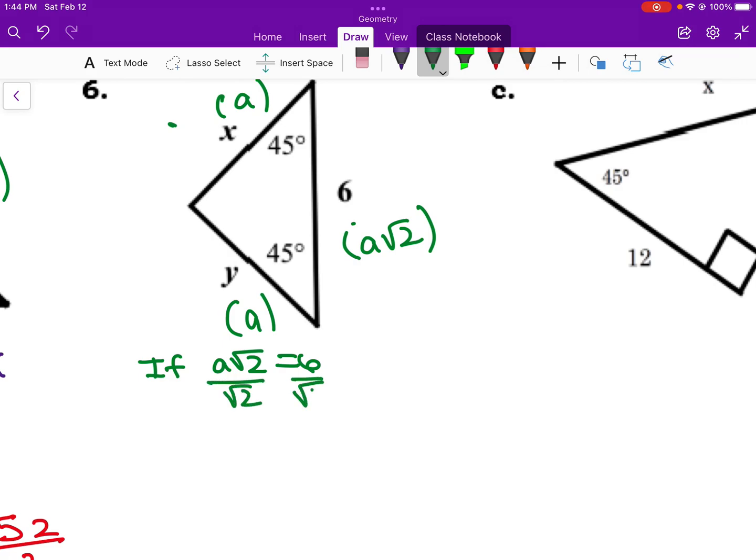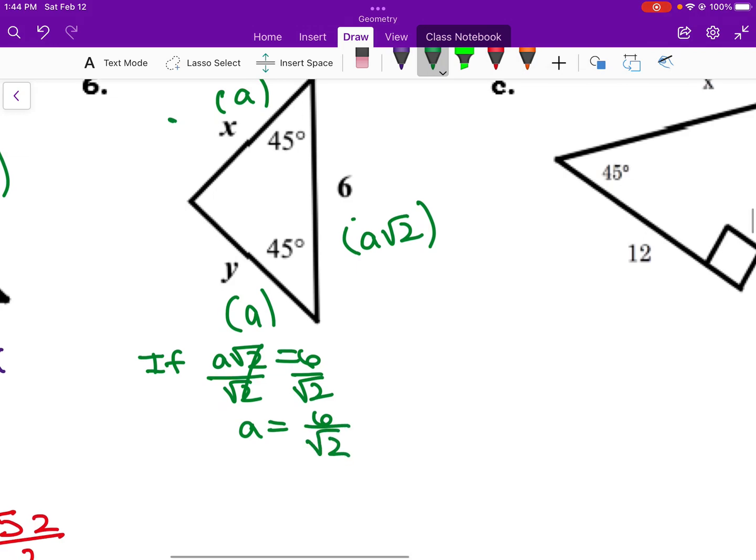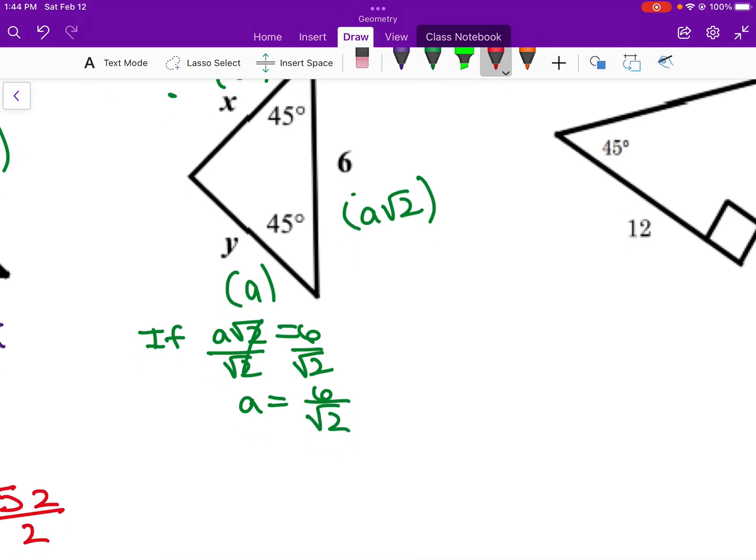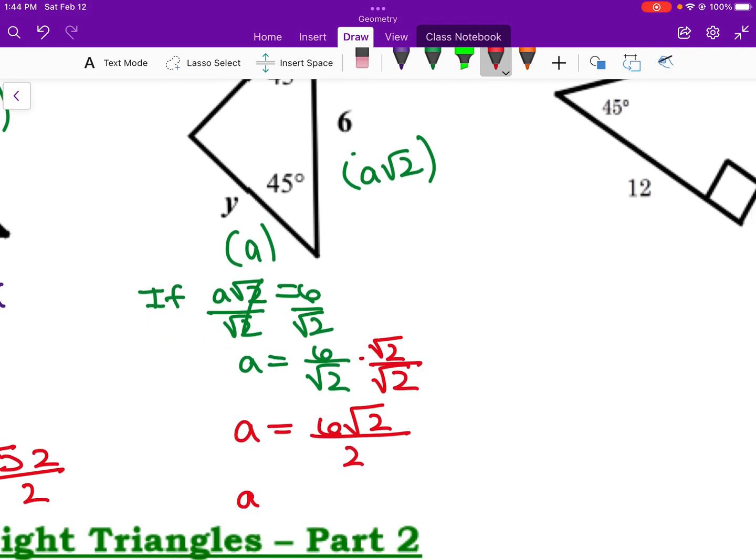Divide both sides by root 2. a would equal 6 over root 2. We have to rationalize our denominator, so multiply top and bottom by root 2. Giving us a is 6 root 2 over root 4, which is 2. And that would simplify as just 3 root 2.